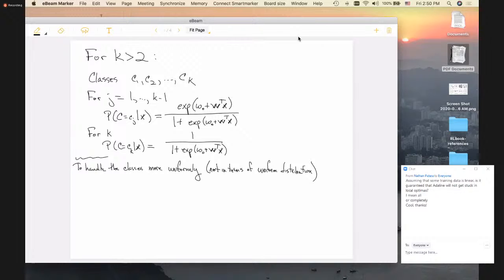If we do that, then the probability that the class takes on a given value, given x, and this is, well, I'll write that afterward, is equal to the exponential of our linear function. Well, I'm sorry, I left out a term. Oops.